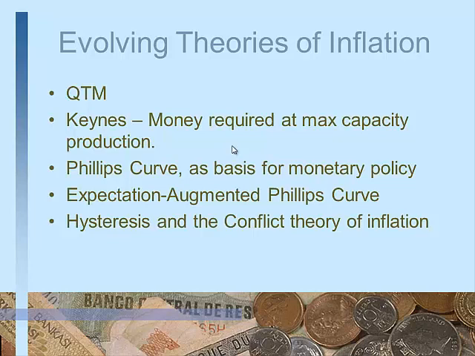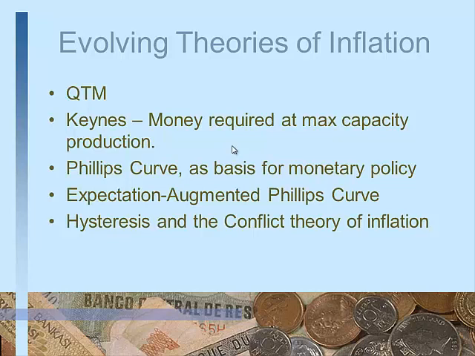We also discussed in the earlier chapter on inflation the idea of hysteresis, the memory of unemployment, and the conflict theory of inflation, which provides for a type of Phillips curve, but rather different from both the original Phillips curve and also different from Friedman's expectation augmented Phillips curve.